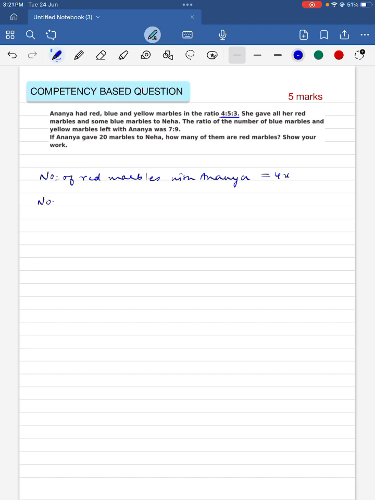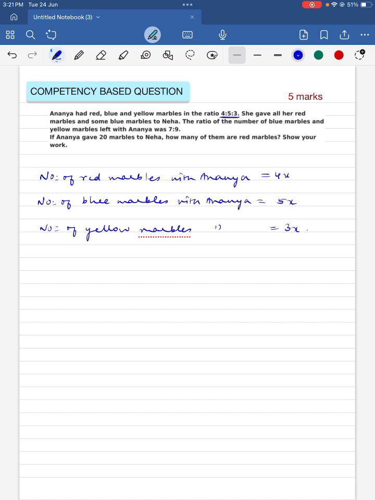So the number of blue marbles with Ananya I can take as equal to 5x, and the number of yellow marbles with Ananya I'm taking as equal to 3x. Why are we taking it as 4x, 5x and 3x? Because we know she has the marbles in this ratio 4:5:3.